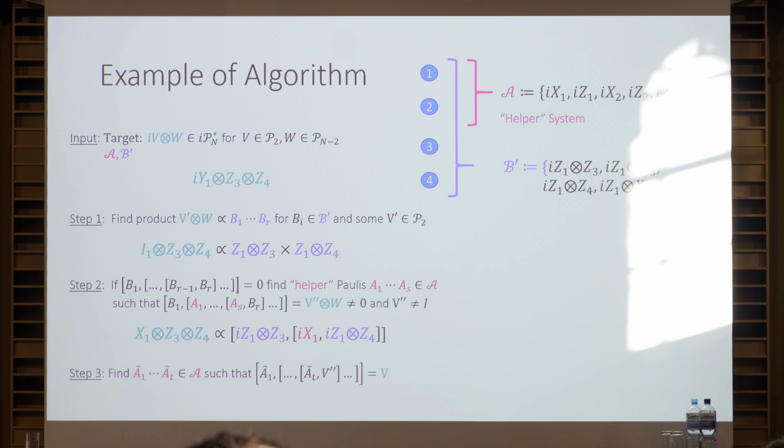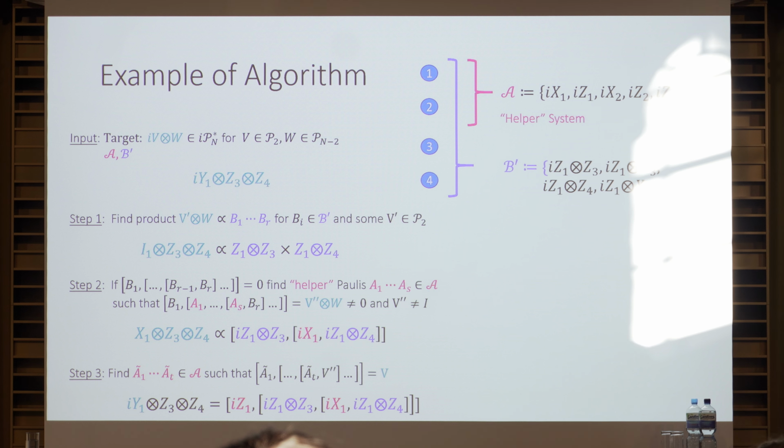So again, I use something from my helper system to make this a Y in this case. That's how it works. And it's nice because you can show that it has a runtime of n squared. You can show that the sequence you output is always linear in n. And you can use it to prove that these sets always are universal if you're given these conditions.